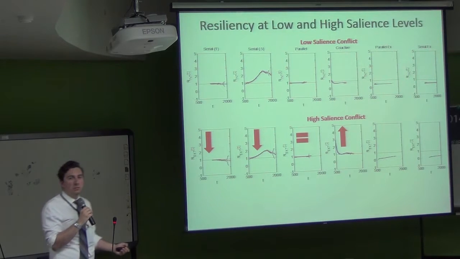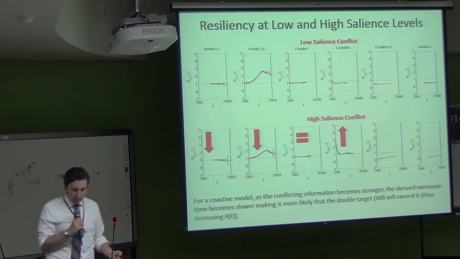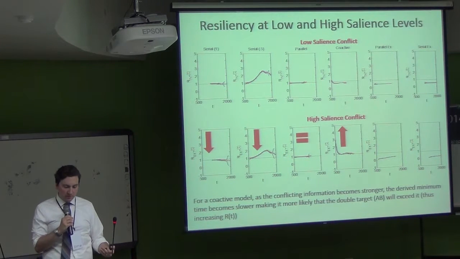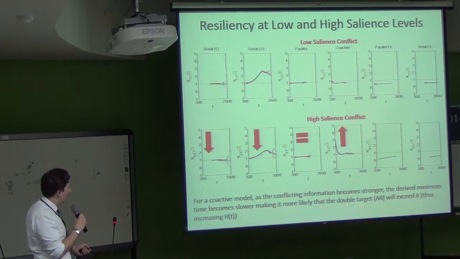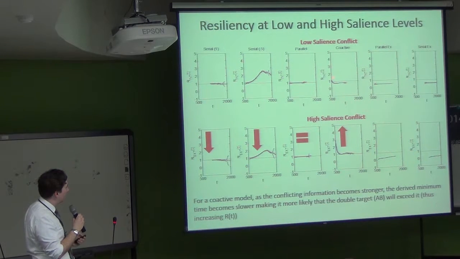For a coactive model, we see the opposite pattern. So as the conflicting information becomes stronger, the derived minimum time becomes slower, making it more likely that this double target will exceed it, and increasing the resiliency function as you move from the low salience case to the high salience case.